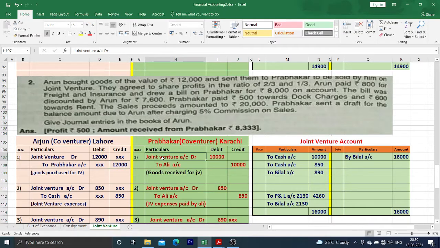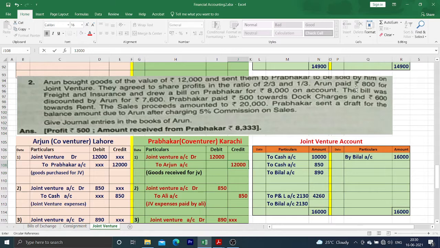These are goods which are on behalf of Arjun. We will record 12,000. They agreed to share profits in the ratio of 2 by 3, 1 by 3.